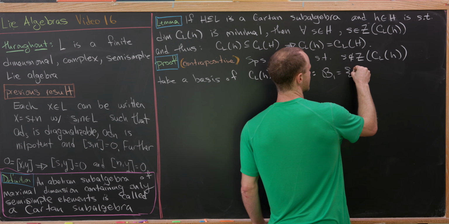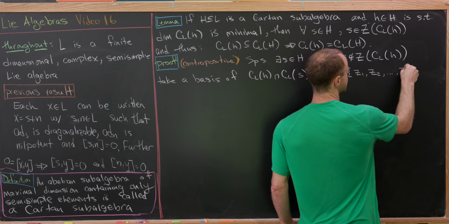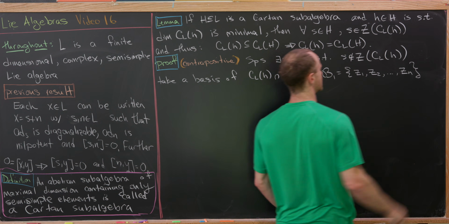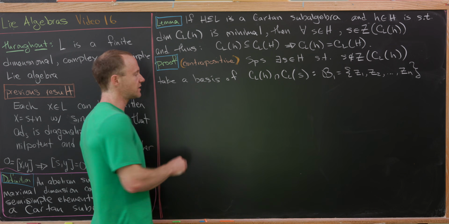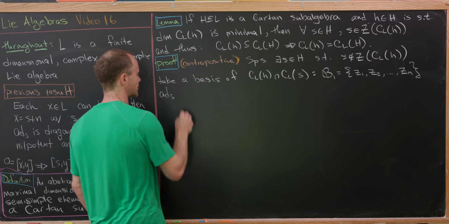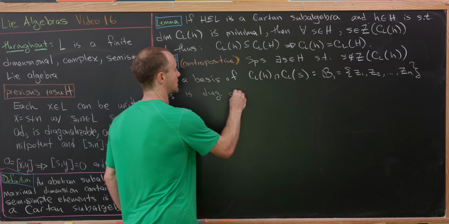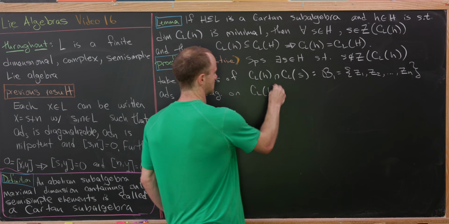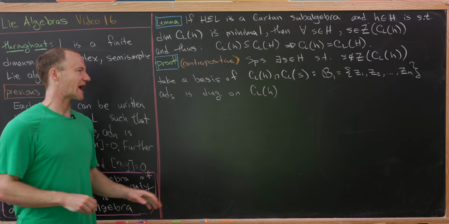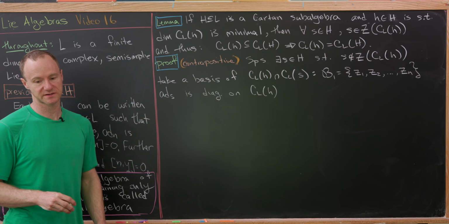So I'll call them Z1, Z2, all the way up to Zn. Okay, great. And then let's notice that the adjoint action of S is diagonalizable on C_L(h). That's because this adjoint action is diagonalizable on the whole space.